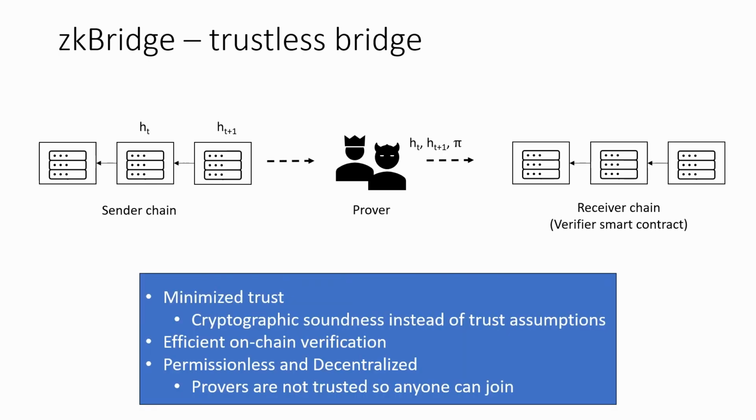With ZK proof systems, we can create a prover-verifier protocol where the centralized prover reads the most recent 2 blocks of the sender chain and generates a proof that includes the state changes of these blocks. This proof can be given to a smart contract on the receiver chain, which can efficiently verify the proof and mint new tokens.